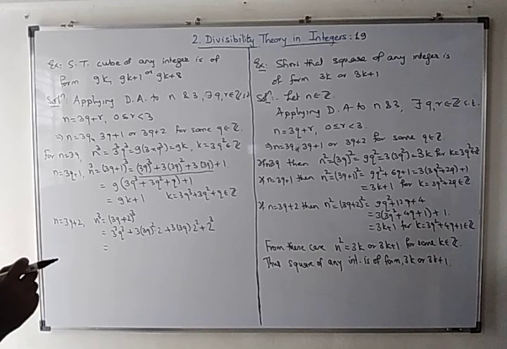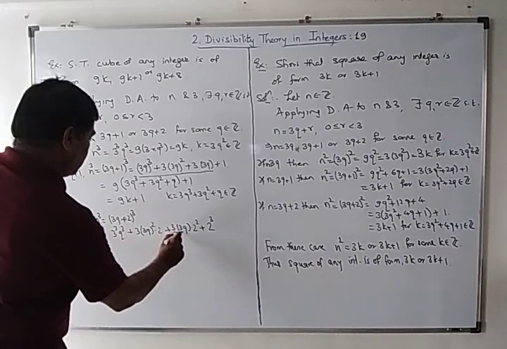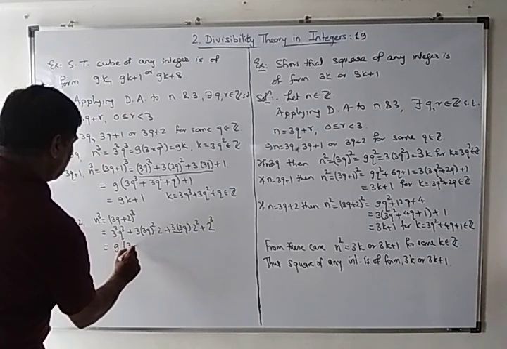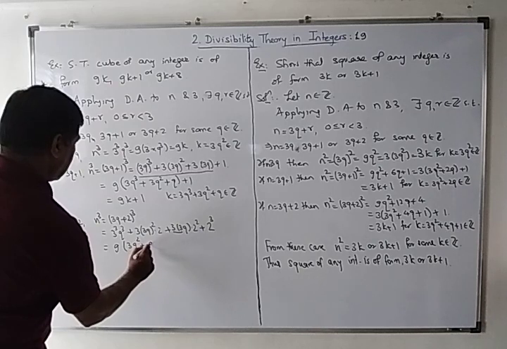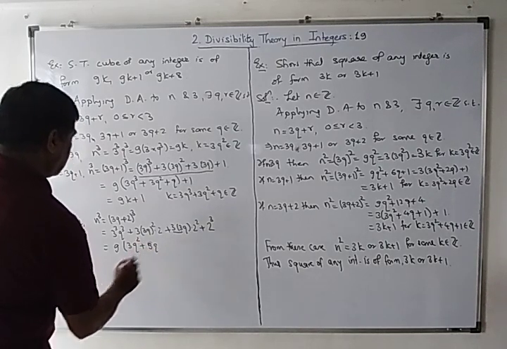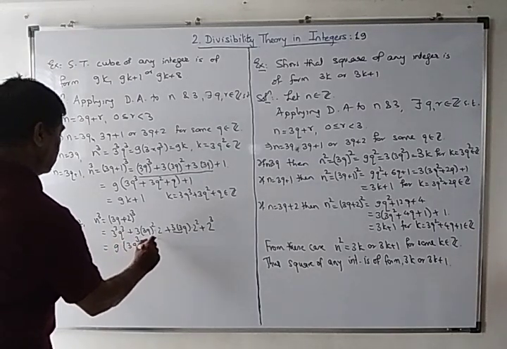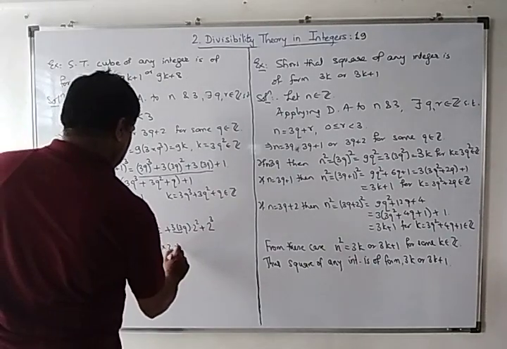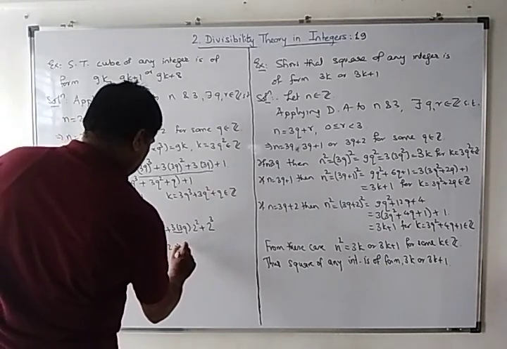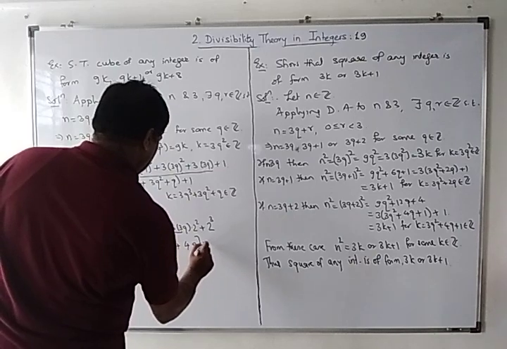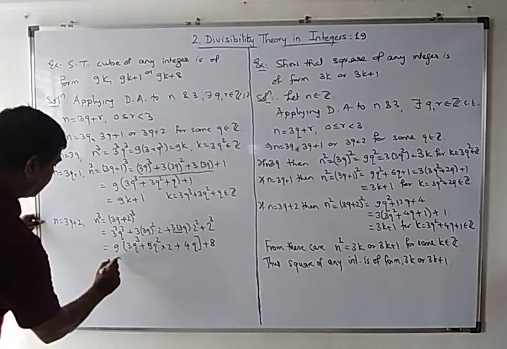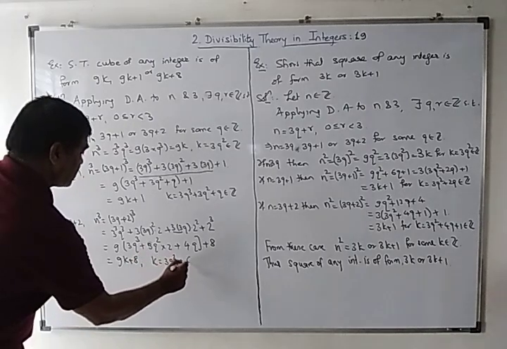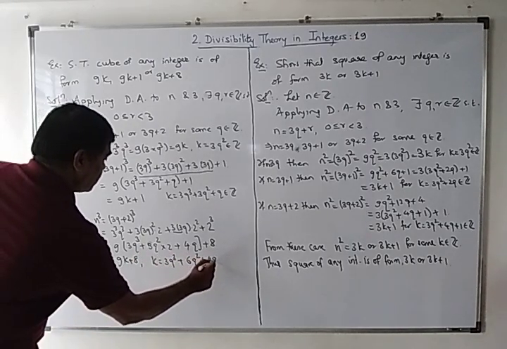Taking 9 outside, this is 9 times (3q cube plus 2q square... plus 4q) plus 8, which is equal to 9k plus 8, where k is equal to 3q cube plus 6q square plus 4q belonging to Z.